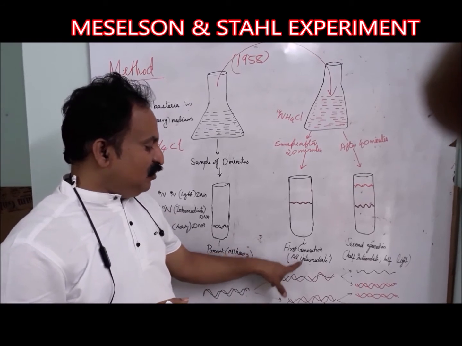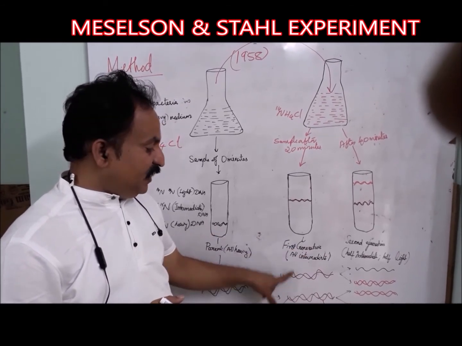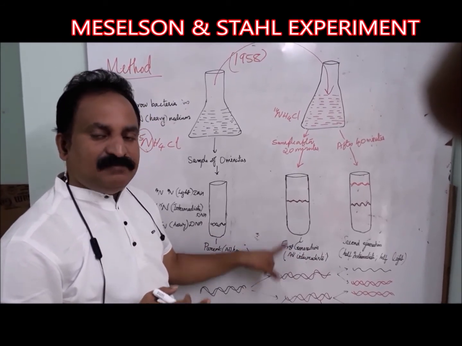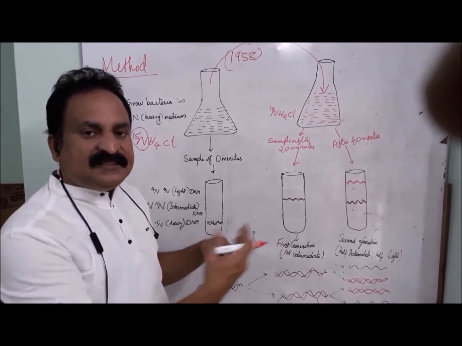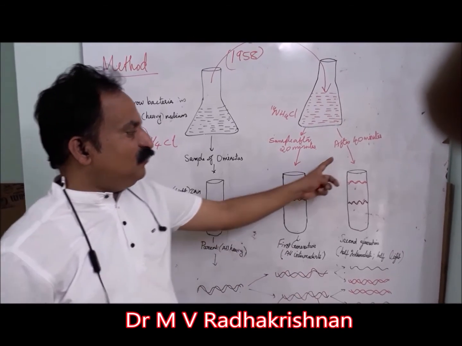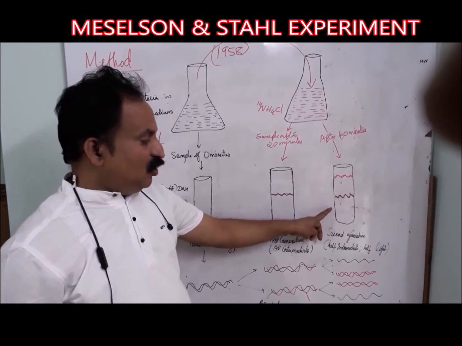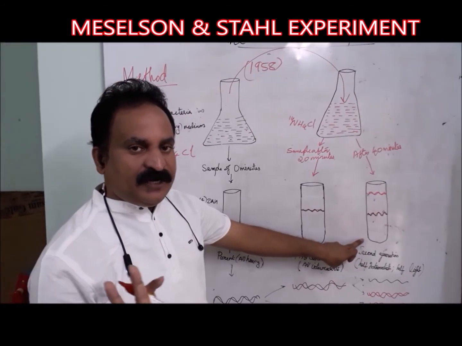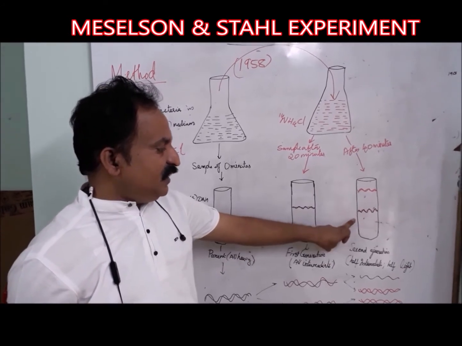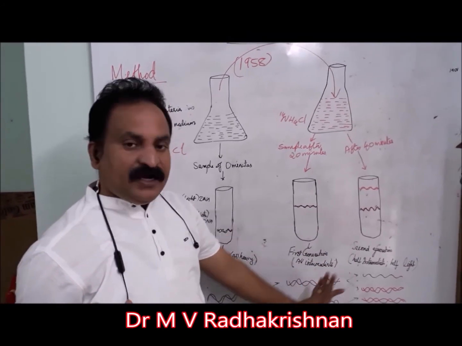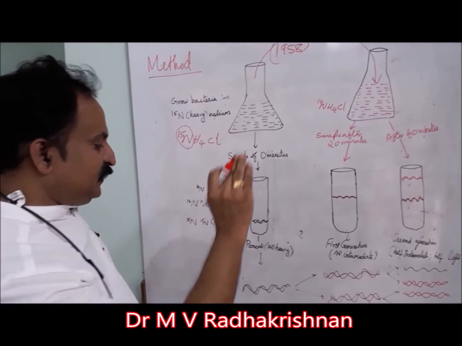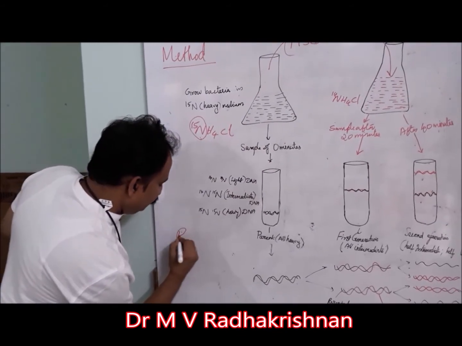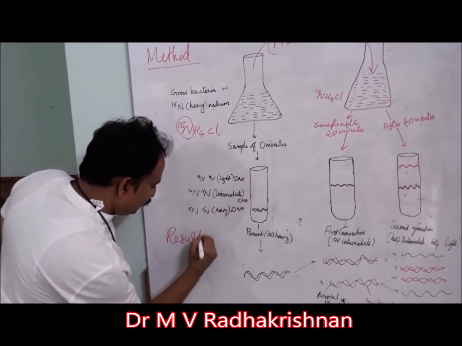That means they got all intermediate DNA in the first generation. In the second generation, that means after 40 minutes, they got light chain and intermediate, and there is no heavy chain. So from their experiment, this is the result.